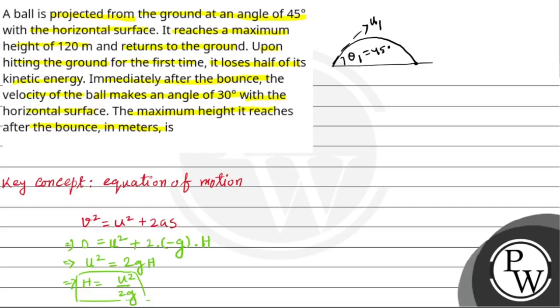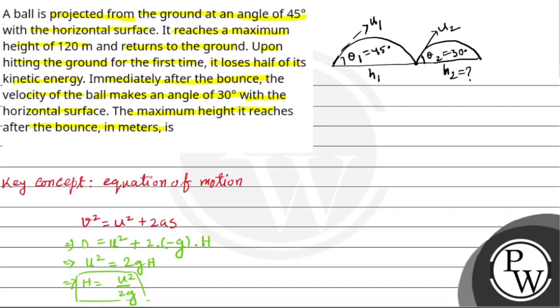Okay, now the ball hits the ground and bounces up again, makes an angle theta 2 which is equals to 30 degree, and the velocity is u2 in this case. Okay, for the first case, the maximum height is h1, and for the second case, maximum height is h2, and we need to determine the value of h2 here.